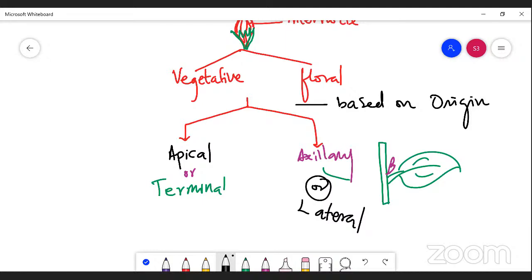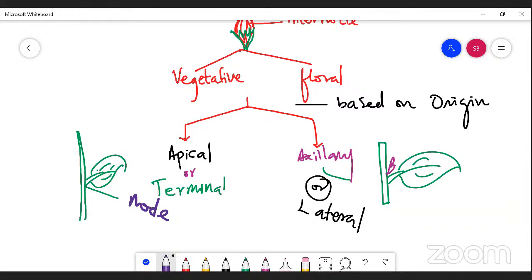Now let me draw the structure of an apical bud. This is a stem portion. Here you can see a leaf, and this portion is called the node. The node is an area on a stem on which the leaves are borne.